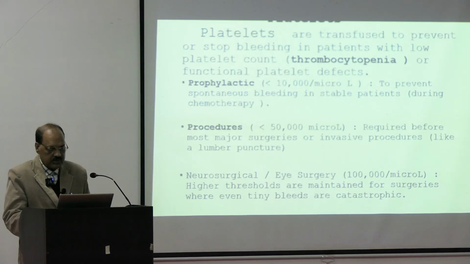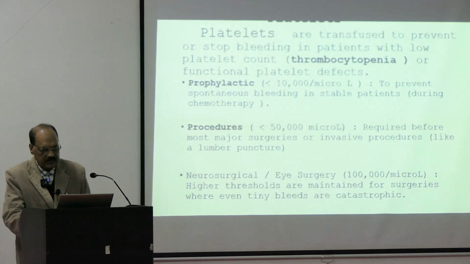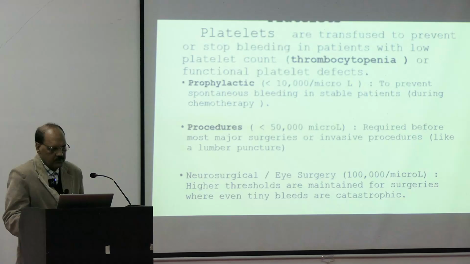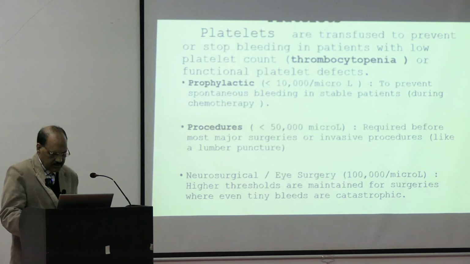Then for some procedures, if the platelet count is less than 50,000 per microliter, it is required before most major surgery, or any invasive procedure like a lumbar puncture; in that case we have to give the platelets.